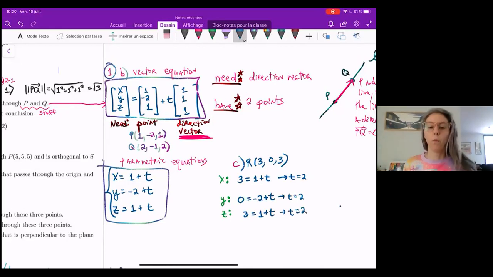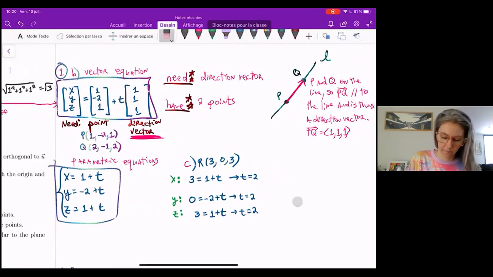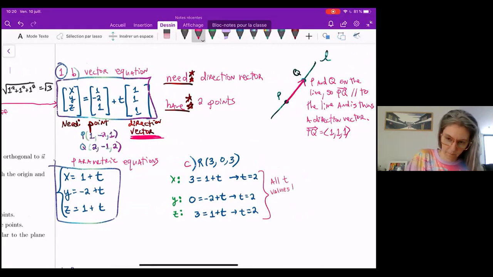They're all the same. What does that tell us? If they're all the same, what does that tell us?